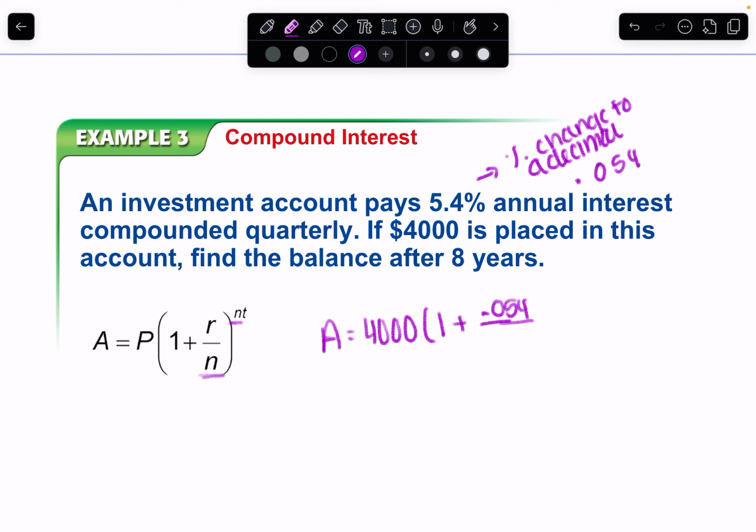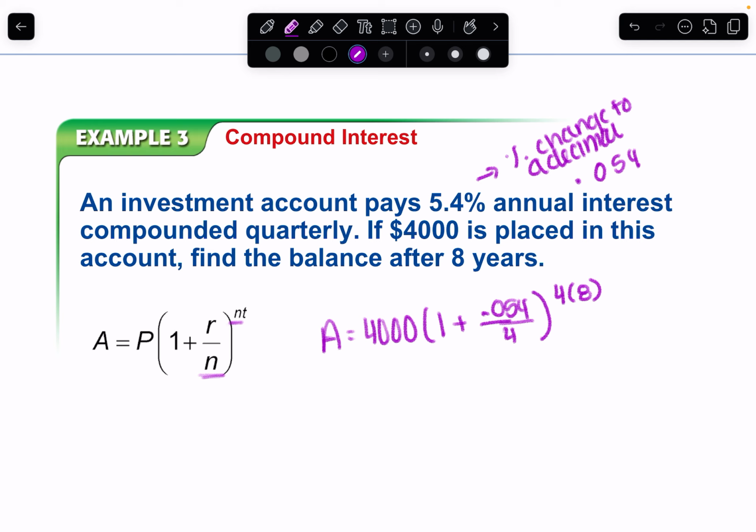So if something is compounded quarterly, if you think of quarters, that would be 4. So I'm going to plug in 4 for both of the N's. Then T is the number of years it would be sitting in the account, kind of accruing money. So it tells you to find the balance after 8 years. So 8 would be my T value.